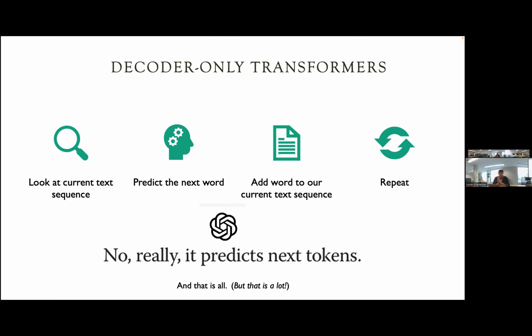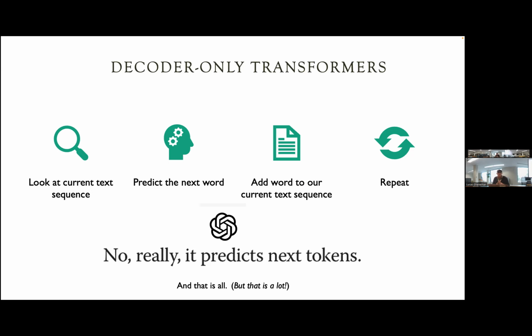So again, decoder only transformers, in our case, we're going to be looking at next token prediction. That's one use of a transformer. You can do other things with transformers in text, like, for example, classification or sentiment analysis. There's a number of things you can do, but we're going to do next token prediction, which is what GPT and ChatGPT does.